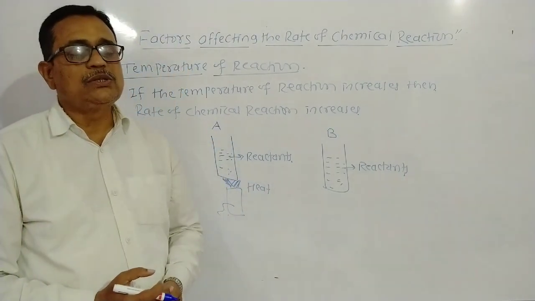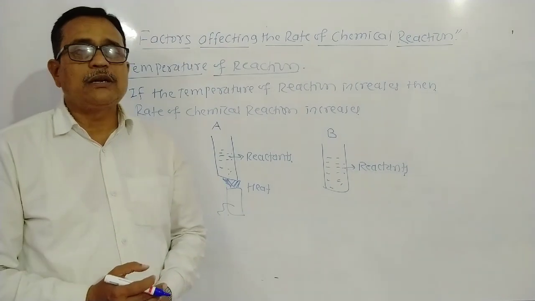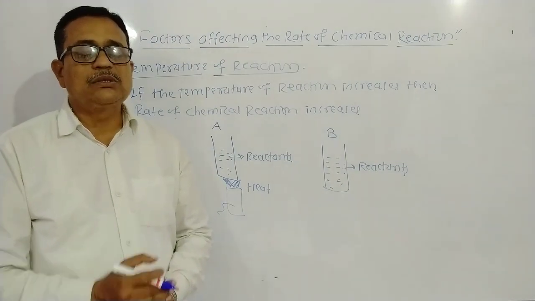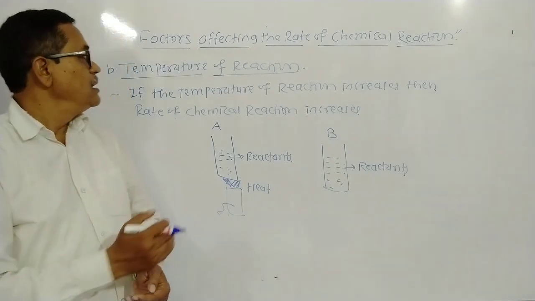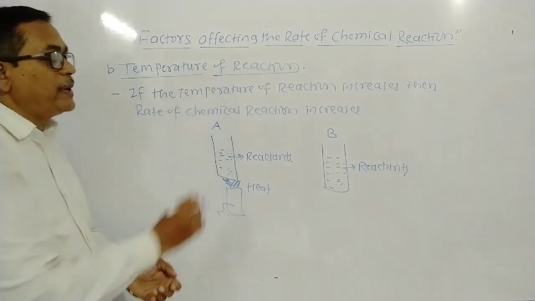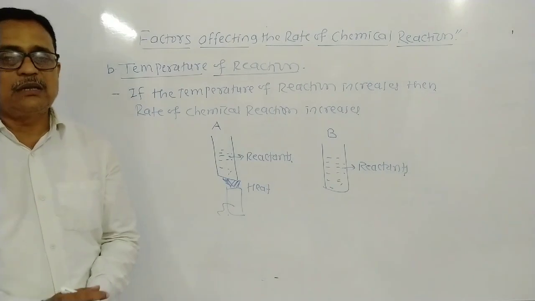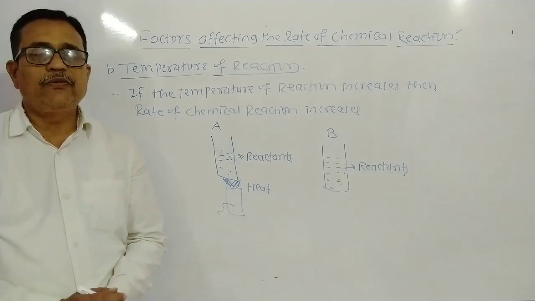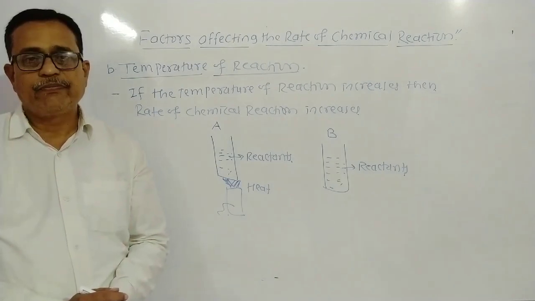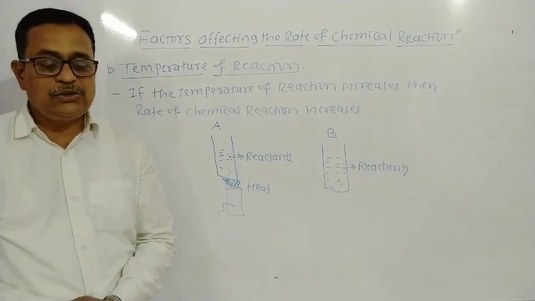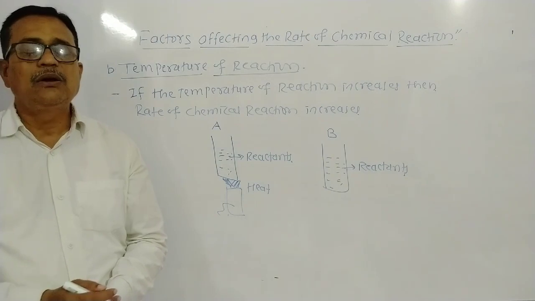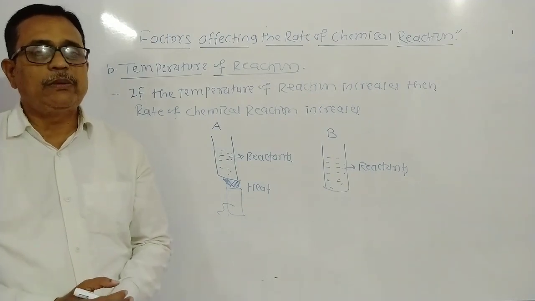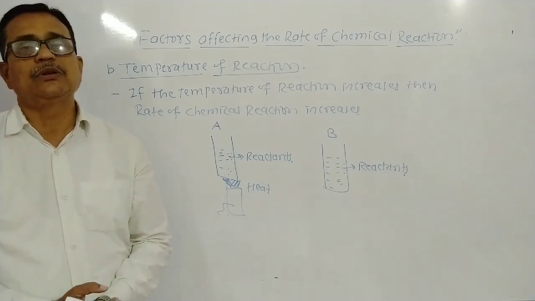Today in this video lecture we studied two factors: one, concentration of reactants, and secondly, temperature of reaction. These two factors directly affect the speed of chemical reaction. Dear student, in my next video we will study the catalyst, which is one more factor that also affects the rate or speed of chemical reaction.